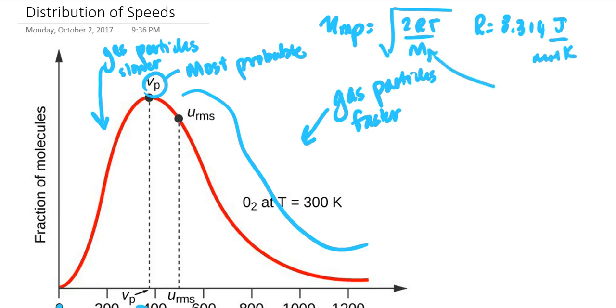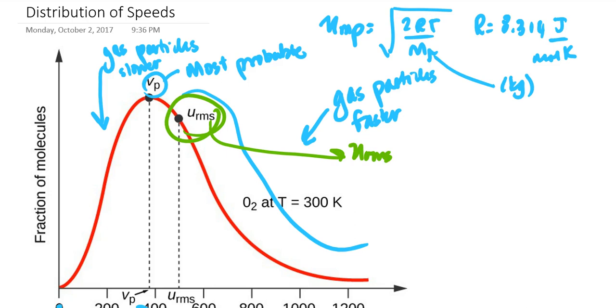Also, this m represents the mass of the particle, and the mass is actually expressed in kilograms. However, if you notice, there's also another velocity here that we need to pay attention to, and that's this speed, which is the root mean squared velocity.